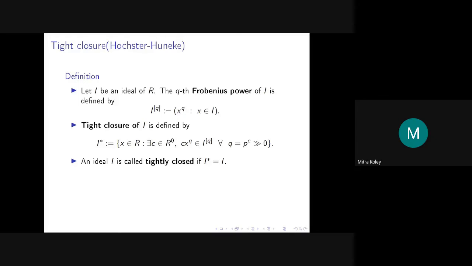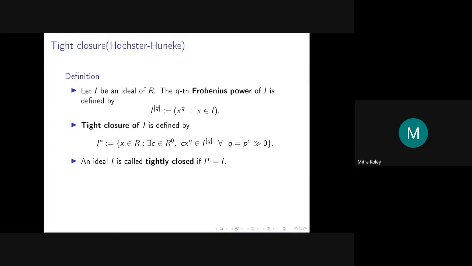So now I will recall again the tight closure of an ideal. Let I be an ideal of R. The q-th Frobenius power of I is denoted by I^[q], and it's defined as the ideal generated by x^q, where x is an element of I. The tight closure of I is the set of all elements x in R such that there exists a c in R°, which means c is not in any minimal prime of R, such that c x^q is in the Frobenius power I^[q] for all large enough q, and it can be checked that it's an ideal.